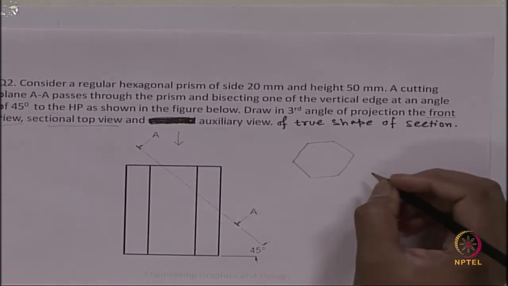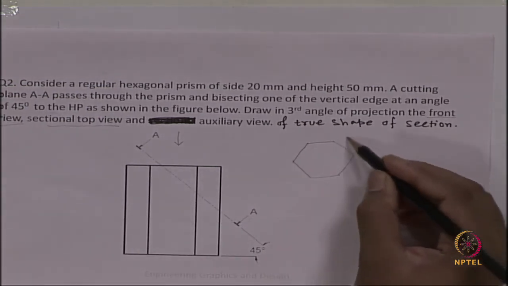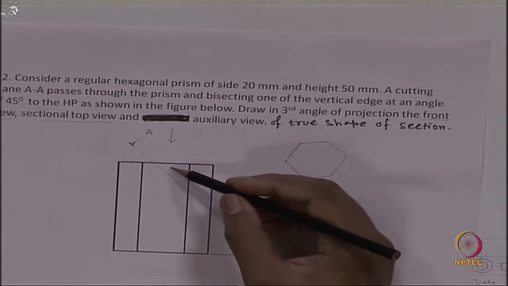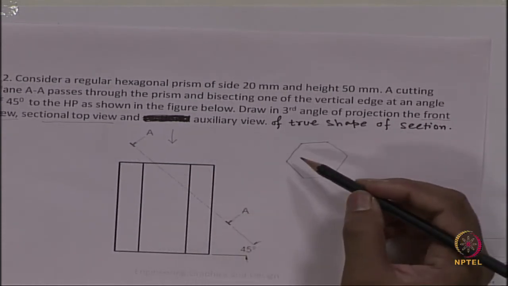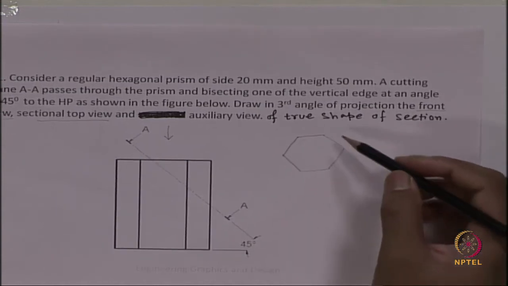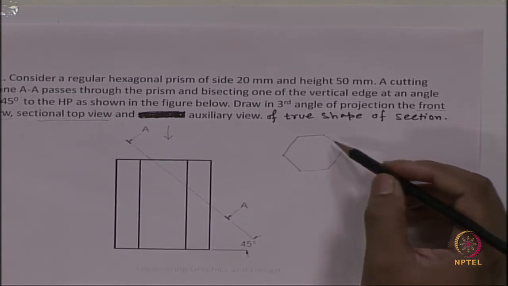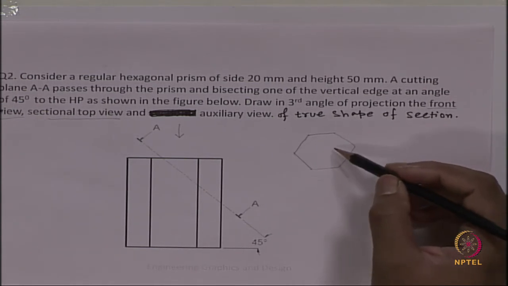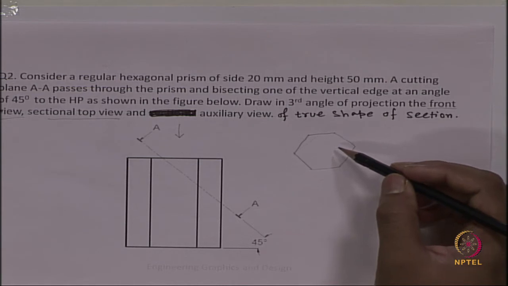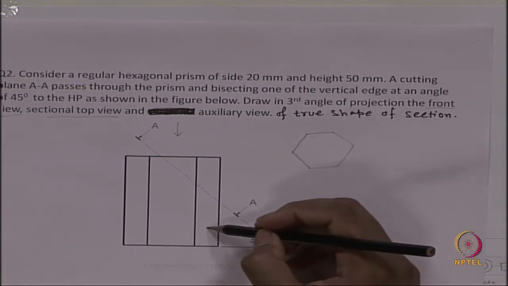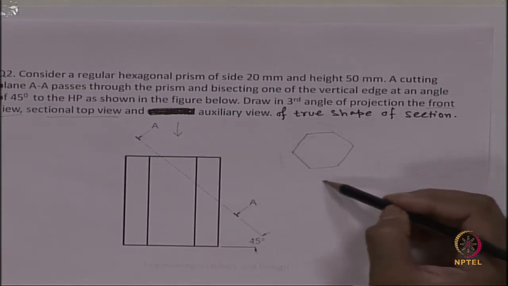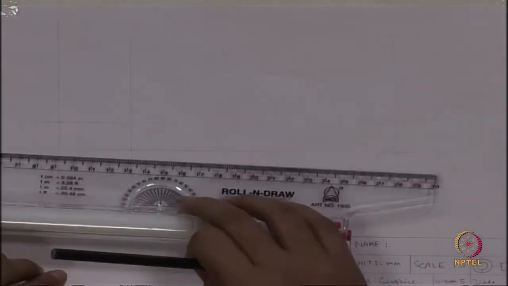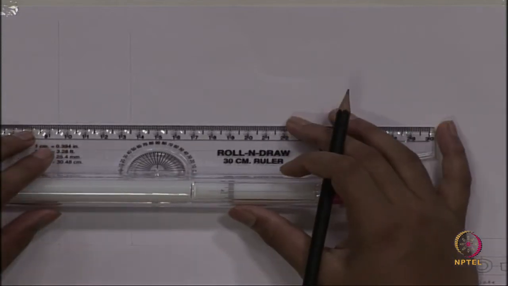You will see the top view of the regular hexagonal prism like this, but there is a cutting plane, so we have to be a bit careful while drawing it. First, let us draw the hexagon. From the hexagon, we will come to the front view. This is third angle projection, so the top view will be on the top.